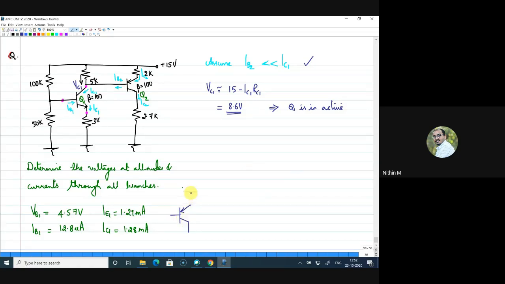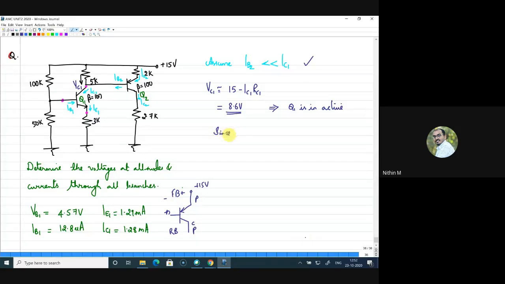So in a PNP transistor, this is P, this is N, this is P. The emitter-base junction should be forward biased and the collector-base junction should be reverse biased. Since P is connected to 15 volts and the base is equal to VC1, which is 8.6 and the emitter is 15, I can say for sure that this junction is forward biased, right?